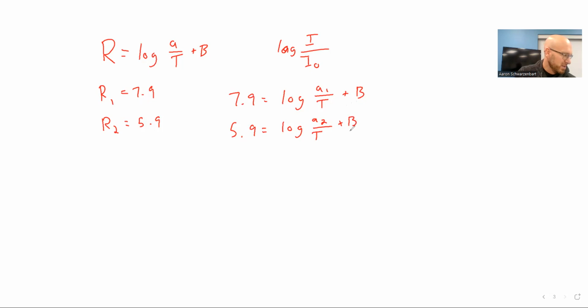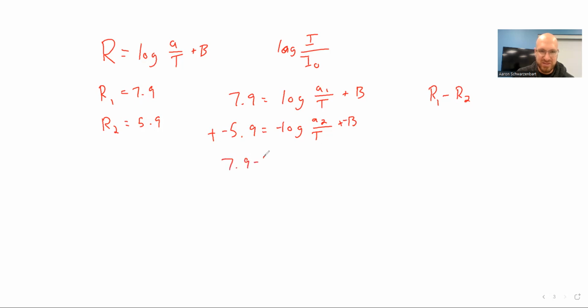Okay, what I'm going to do here is essentially R1 minus R2, which means I'm just going to subtract these two equations, or add a negative. It's easier to see it as add a negative.